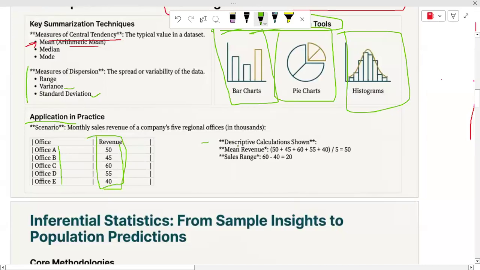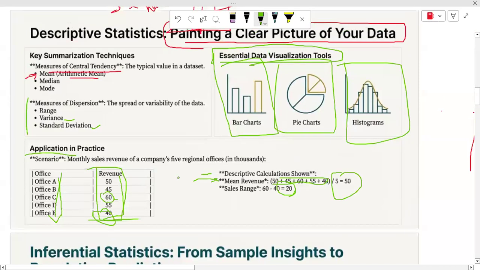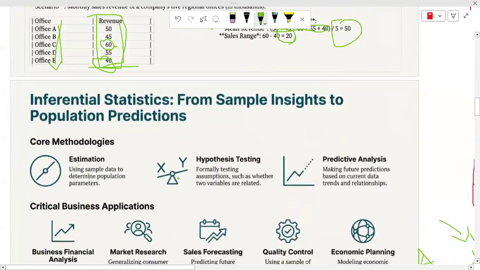You can see the descriptive calculation: the mean revenue is the total divided by the number of observations, 50. The sales maximum is 60 and minimum is 40, so the range is 20. So this is simply descriptive statistics.